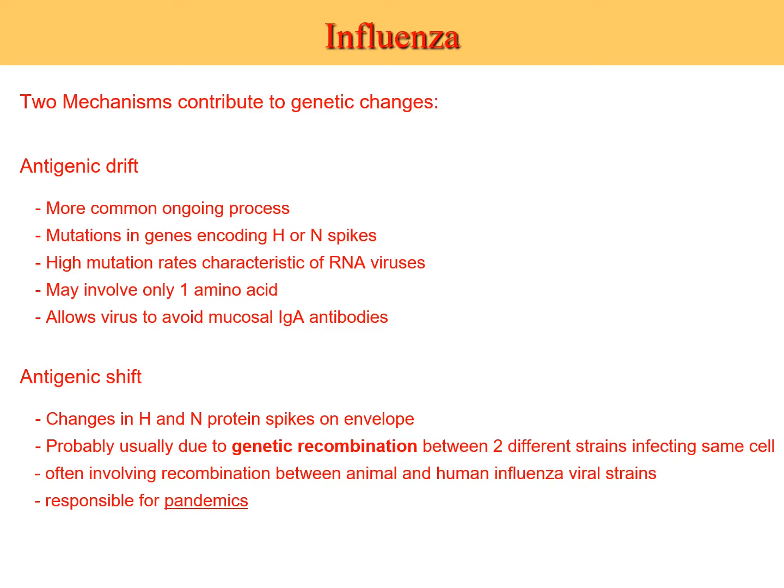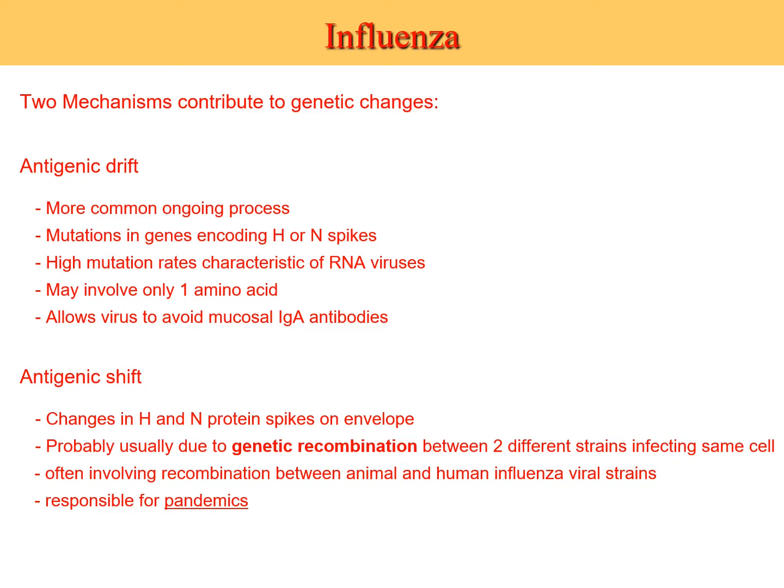The other major genetic mechanism that's operating in influenza viruses is antigenic shift. Now, as opposed to antigenic drift, which causes some small changes, antigenic shift often involves quite major changes in the H and N, hemagglutinin and neuraminidase, protein spikes on the envelope.